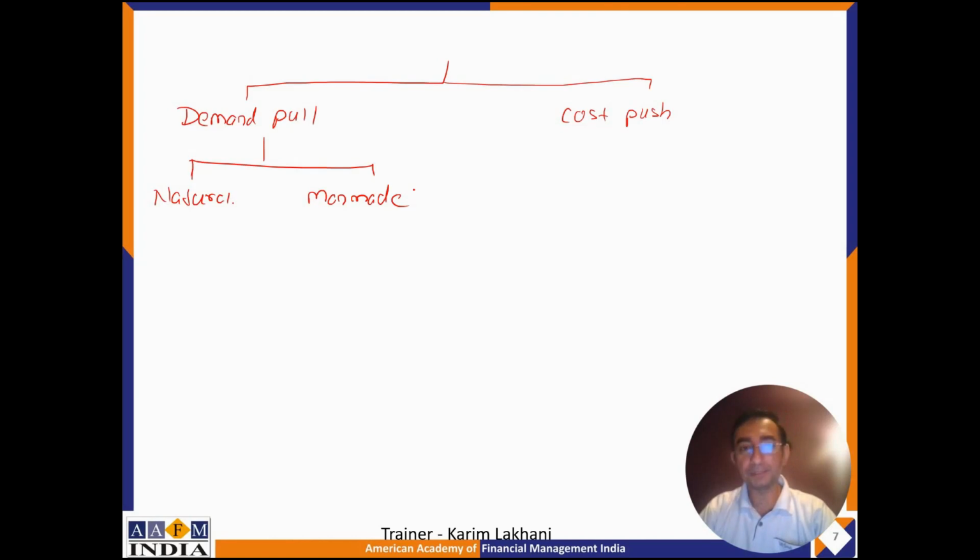Alternately, when we talk about man-made, there are a lot of instances where knowingly certain intermediaries, certain businessmen, create a scarcity of a particular product or commodity and try to create a buzz in the market that this thing is very less available in quantity, so the price increases.